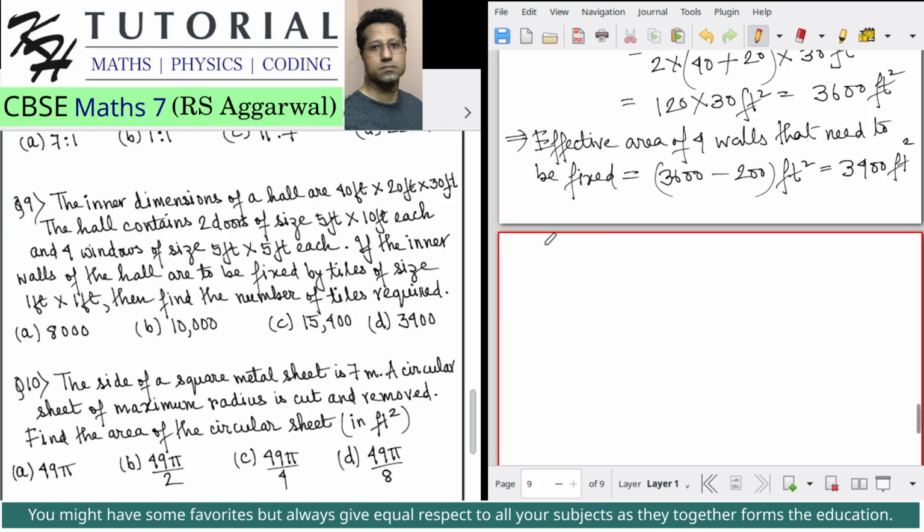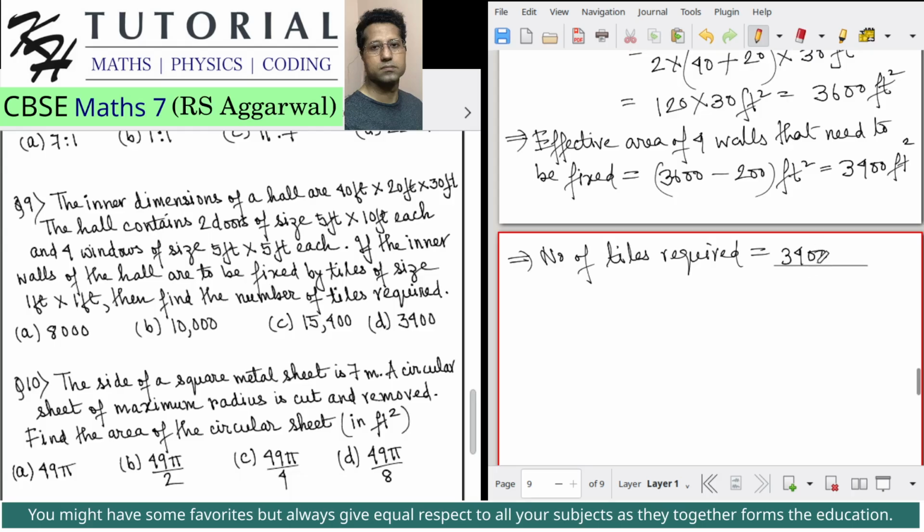So clearly we can say this implies the number of tiles required will be equal to the total effective area of the 4 walls that need to be fixed, which is 3400, divided by the area of each tile, which is 1 into 1, which is 1.